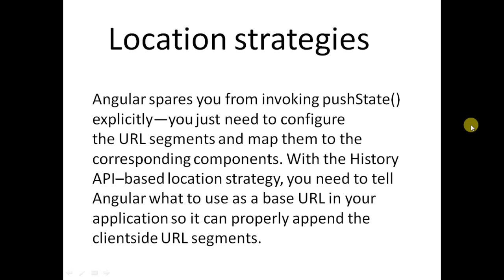This strategy works with all browsers, including the old ones. Path location strategy: this history API based strategy is supported only in browsers that support HTML5. This is the default location strategy in Angular.